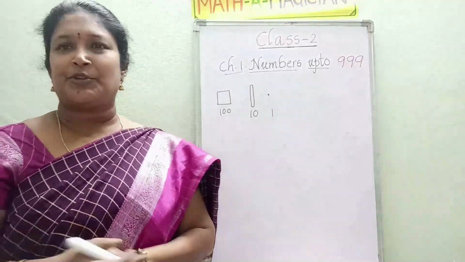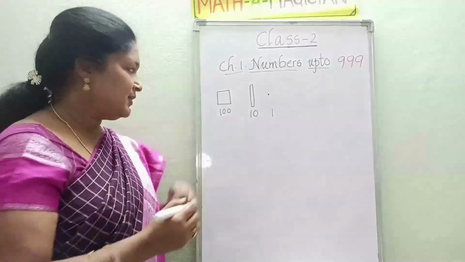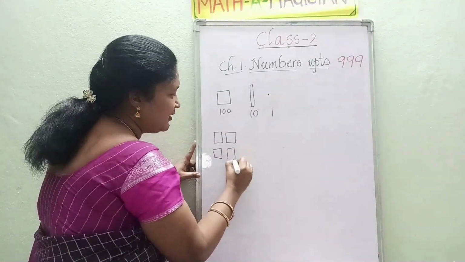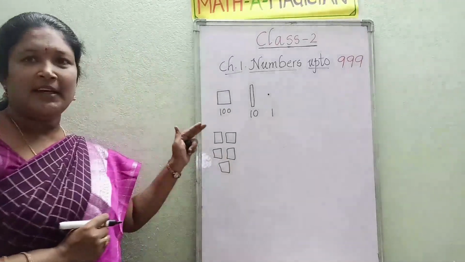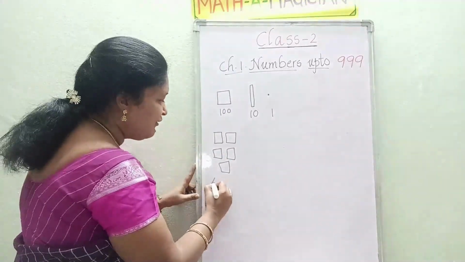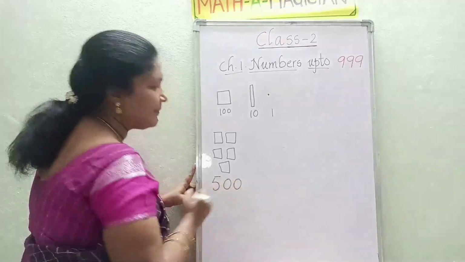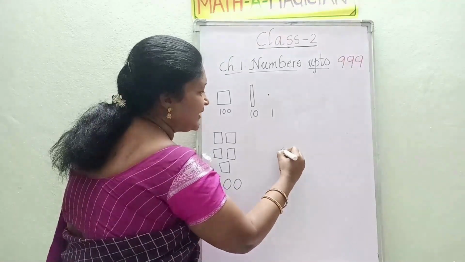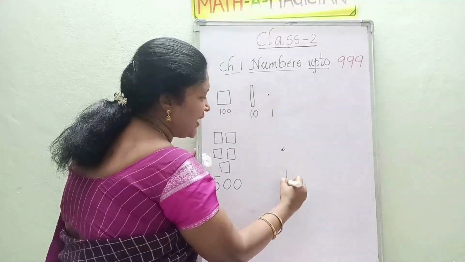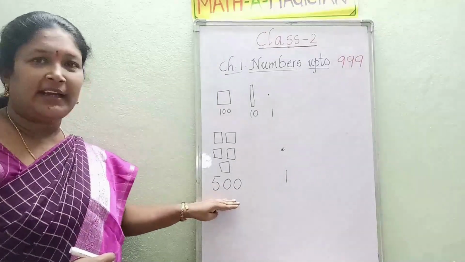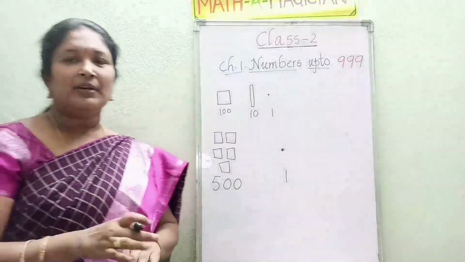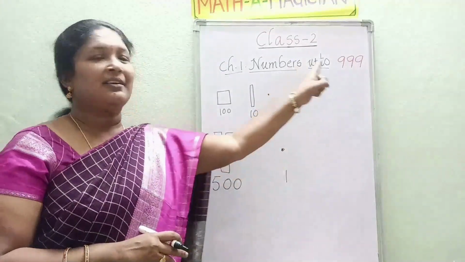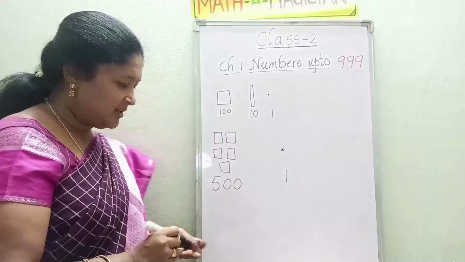Already you learned up to 500 numbers in first class. Now see, children, here. 1, 2, 3, 4, 5. Here how many hundreds are there? 500. And there is no tens. And here 1 ones. That is 501. So in this class you are going to learn from 501 to 999. Okay, children.